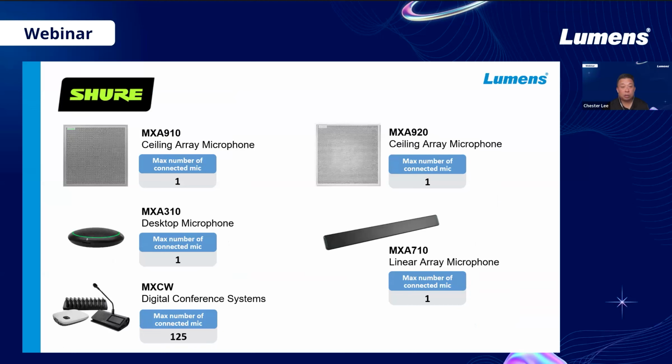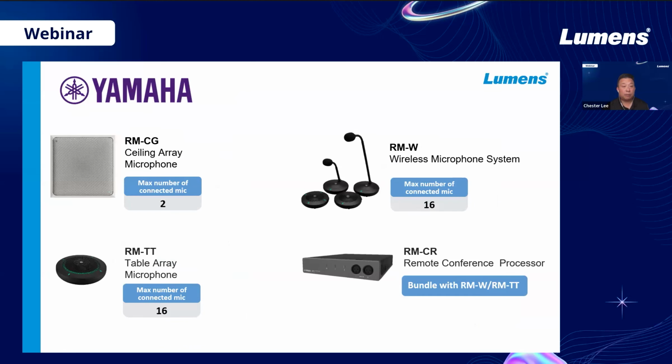The Shure mics for a table or a ceiling, it's 1 unit. But if it's a digital conferencing system, we actually support 125. For Yamaha, it's a similar situation. We've got a couple of the ceiling array mics for the wireless mic 16, and their table array microphones will support up to 16 units on that solution.